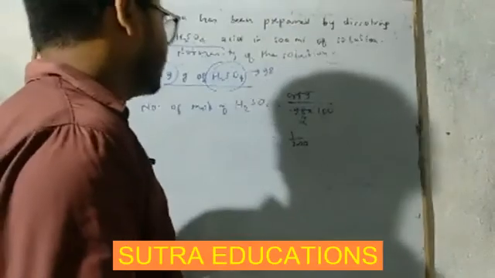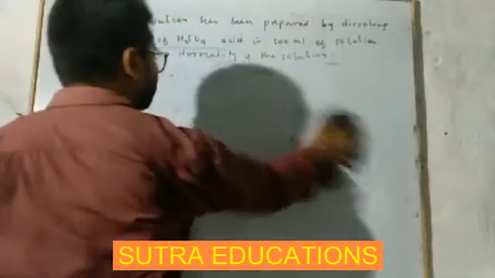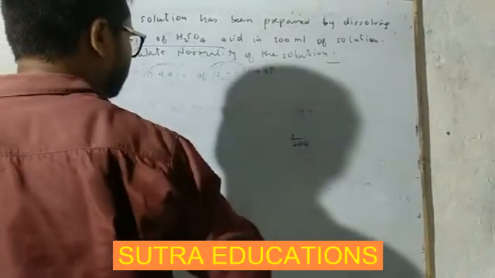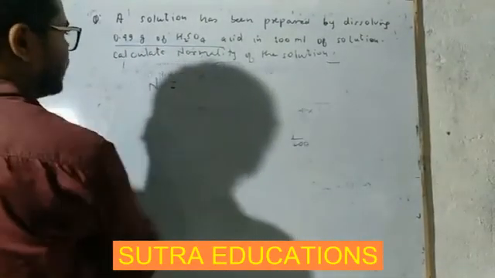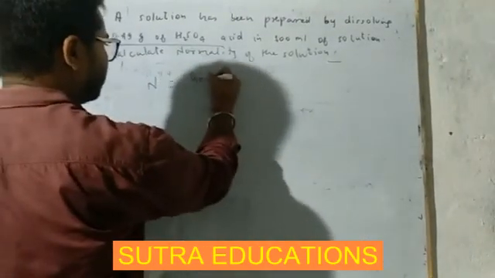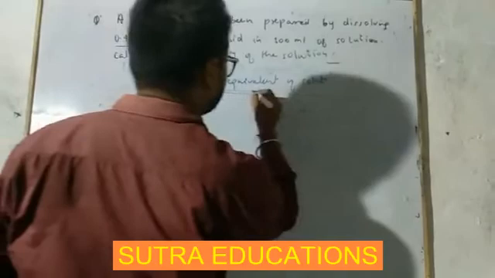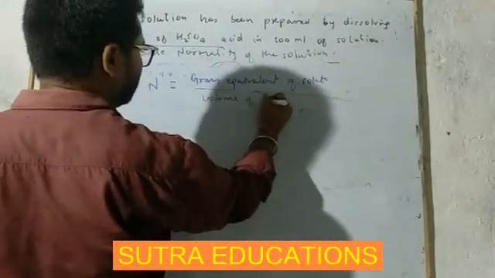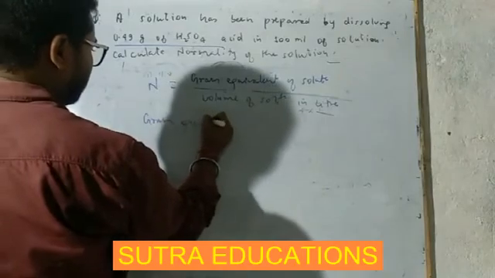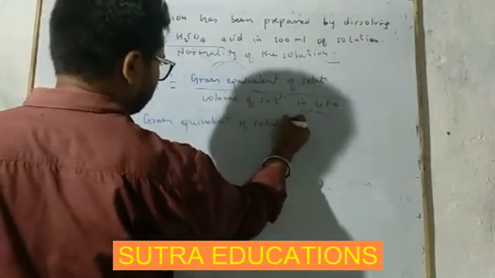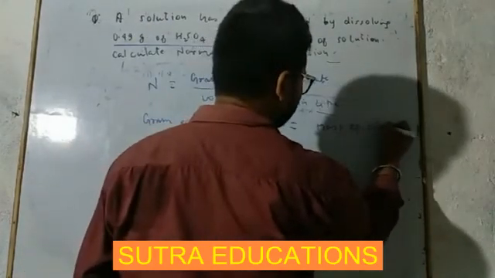Now we are going to find normality. Normality is N, and N is equal to gram equivalent of solute divided by volume of solution in liter.